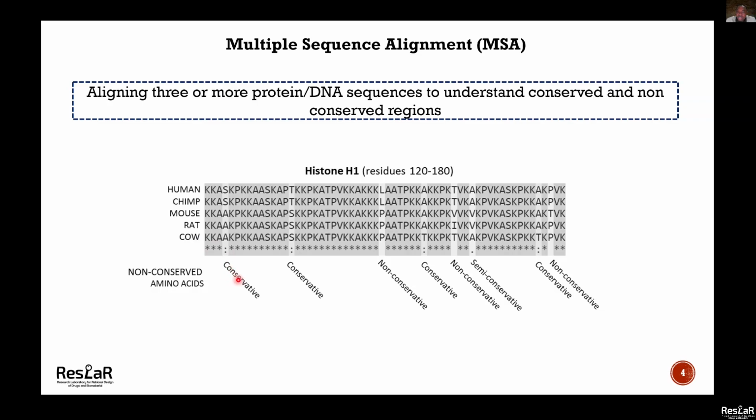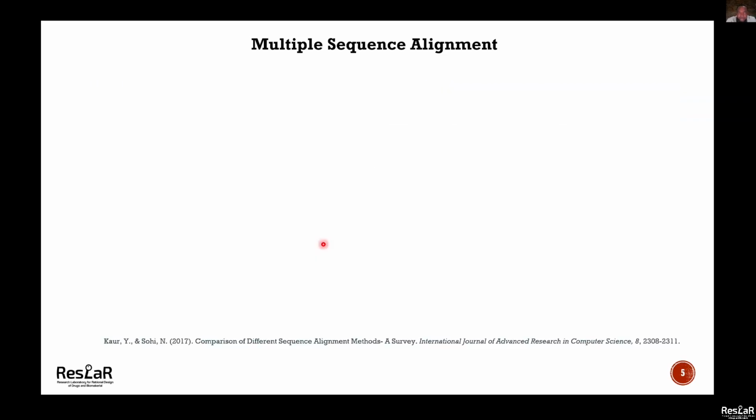The colon is for differences. Do you get? So the colon is for differences, and then obviously you even have gaps for differences too. So you can see that some residues are conserved, some others are not conserved. So this gives us an idea about similarity between this particular protein among these species.